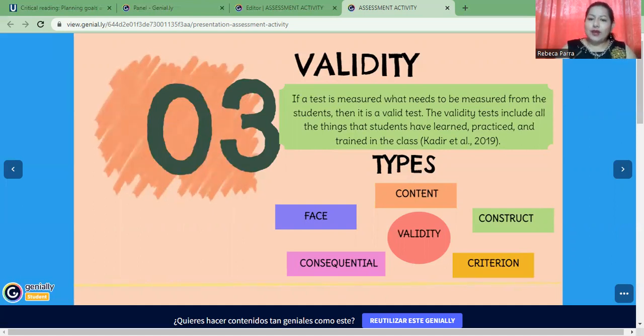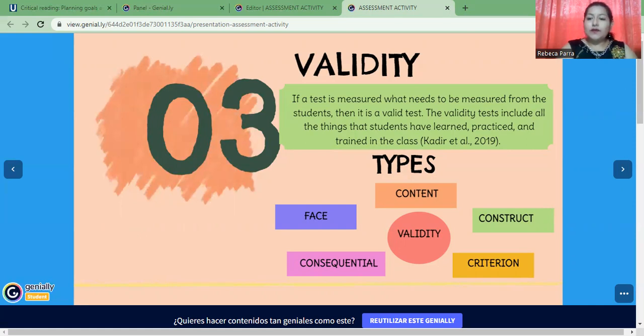Validity can be categorized based on strategies. In this case, we can observe some types, for example, content validity, construct validity, criterion validity, consequential validity, and face validity.